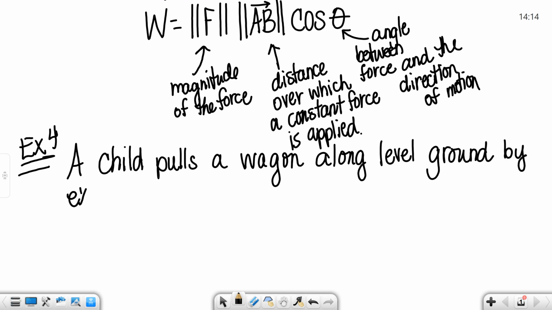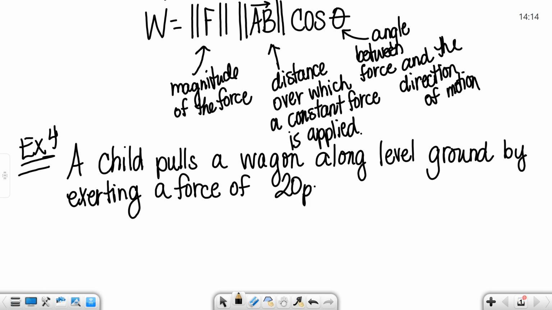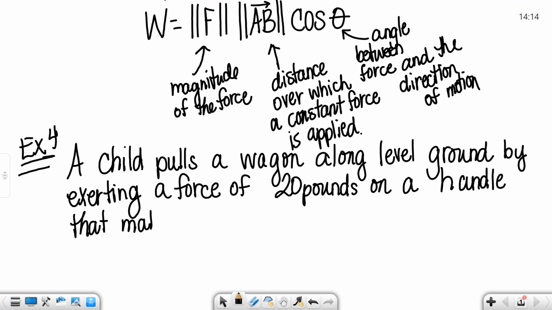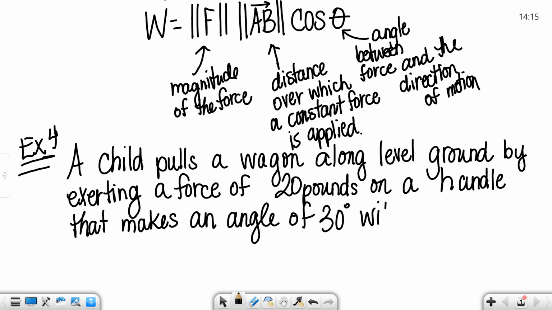By exerting a force of 20 pounds on a handle that makes an angle of 30 degrees with the horizontal.